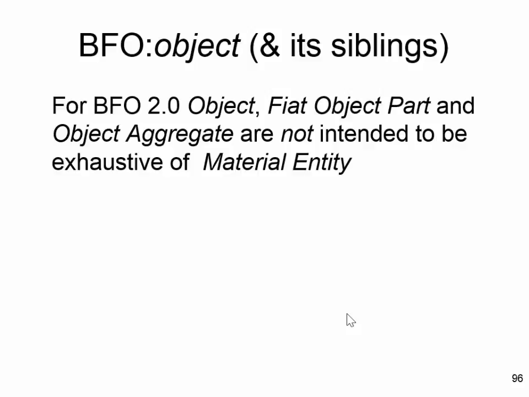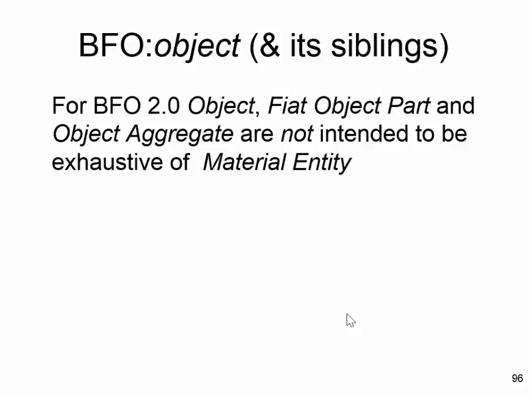It puts forward a proposal to serve as a common basis, but if people need more terms, which would be siblings of these, for instance, a Fiat object part aggregate, so the collection of all bones in your body might be an example, or the collection of all muscles in your body might be an example, then they can define such a term, and they can even propose that it be added to BFO if there is a general need.